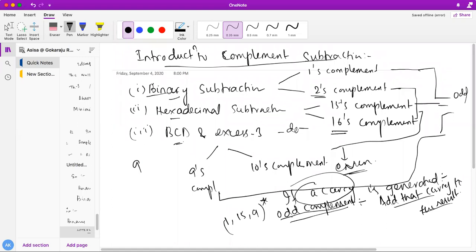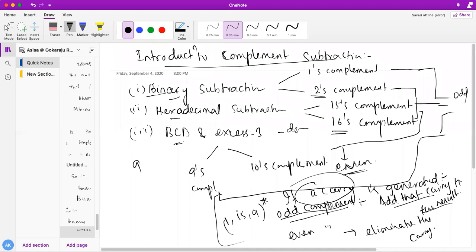Similarly, if a carry is generated while you are using even complement technique, what you need to do? You just eliminate the carry. Whatever carry comes, you just drop that carry. So these are the main differences between the subtraction techniques. There are mainly six subtraction processes.